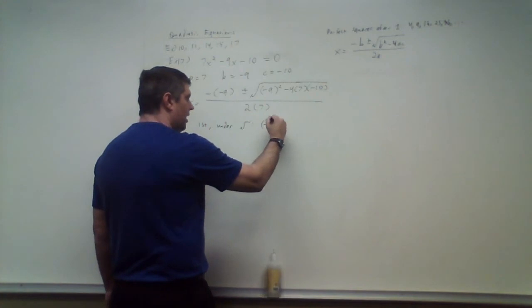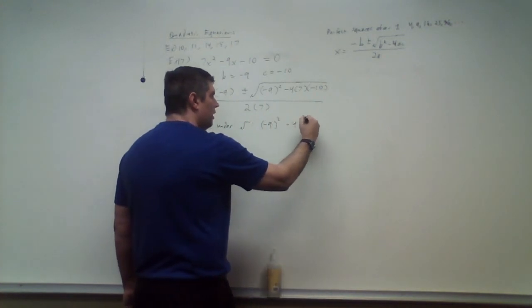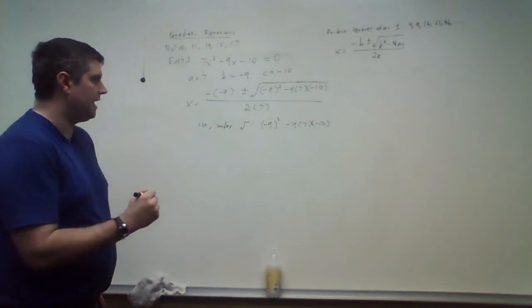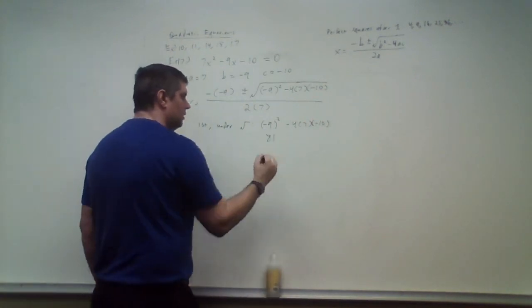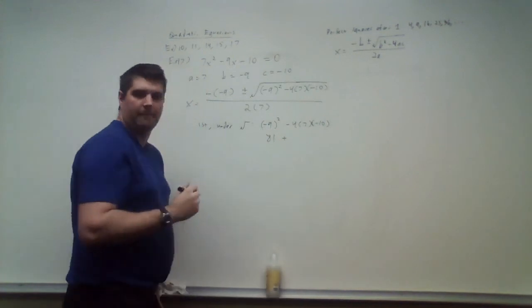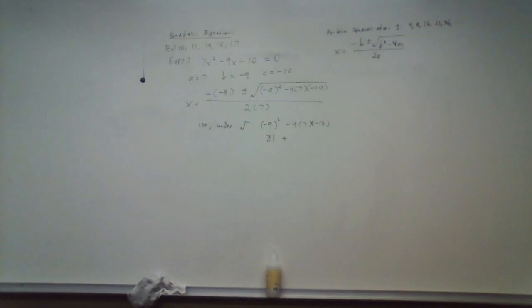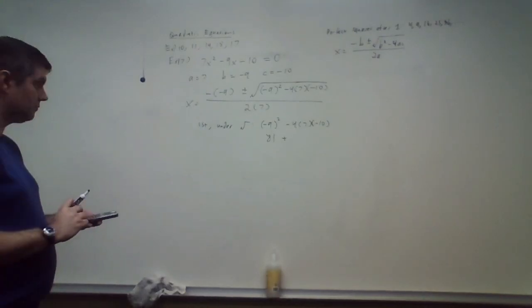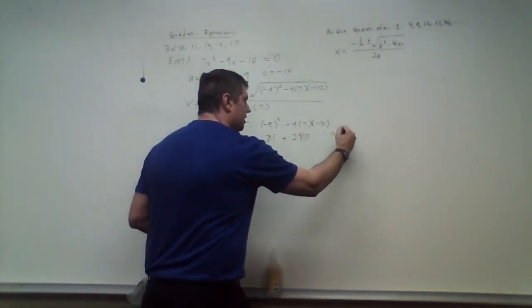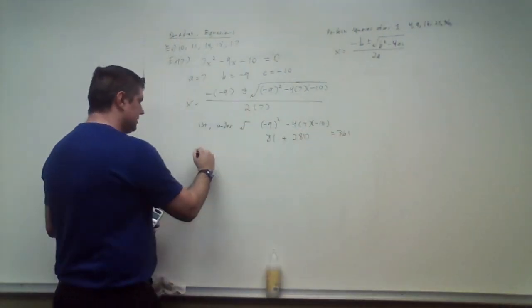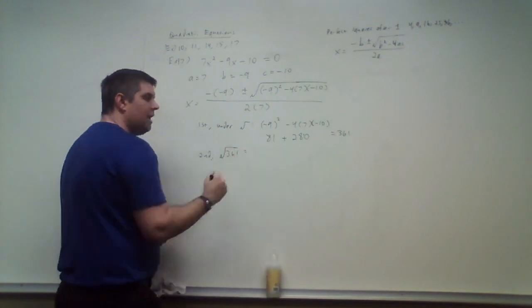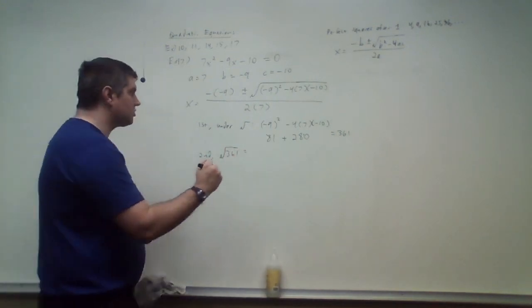Negative 9 squared is 81. There's actually 2 minuses here, so you'll be adding 280, which is 361. Second, you simplify the radical, and the square root of 361 is actually 19.